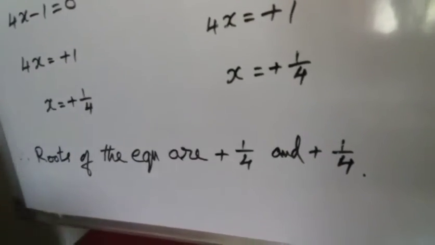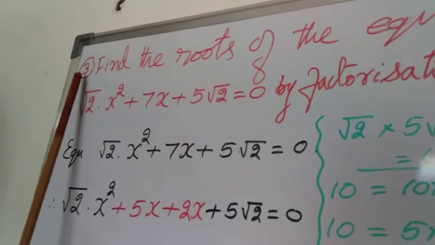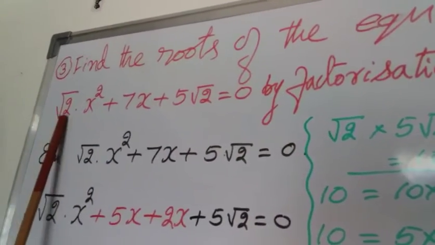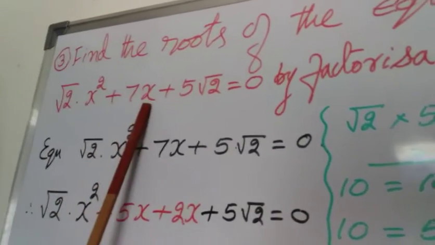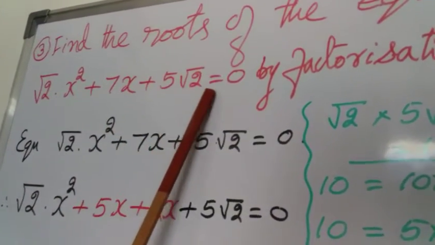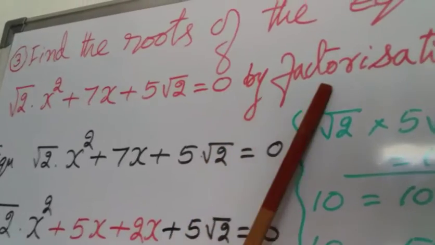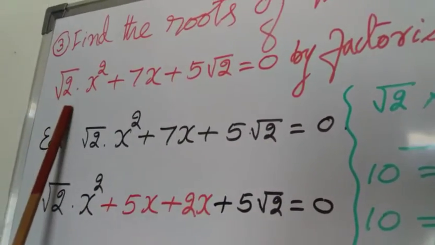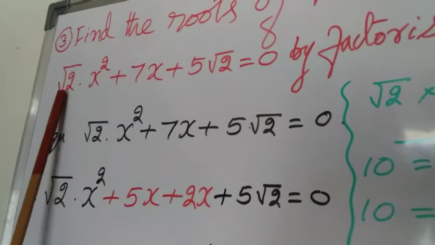Third problem. Find the roots of the equation root 2 x square plus 7x plus 5 root 2 equal to 0 by factorization. In this problem, the coefficients are surds, that is root 2.